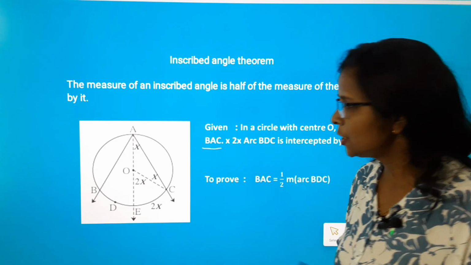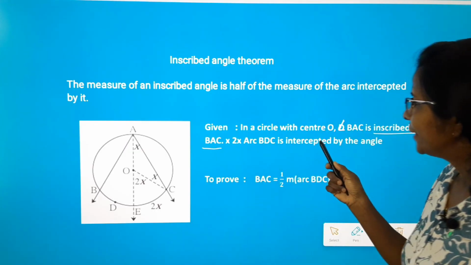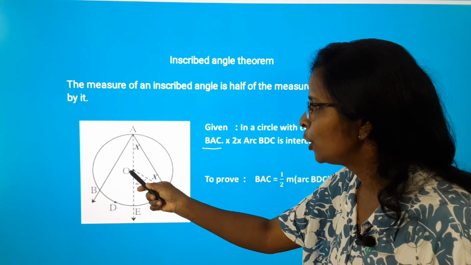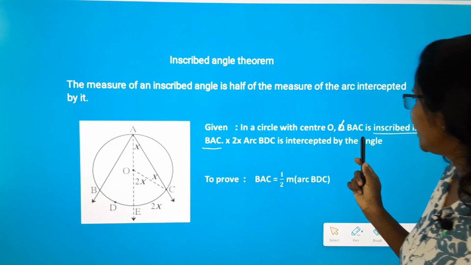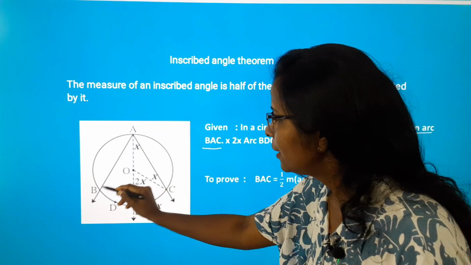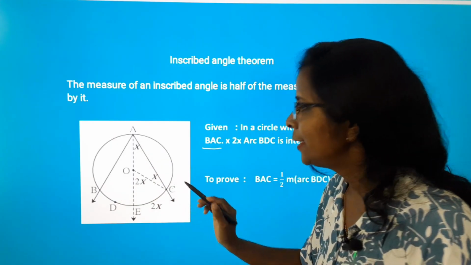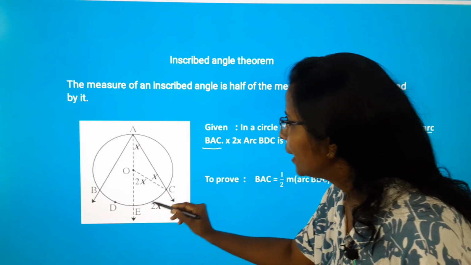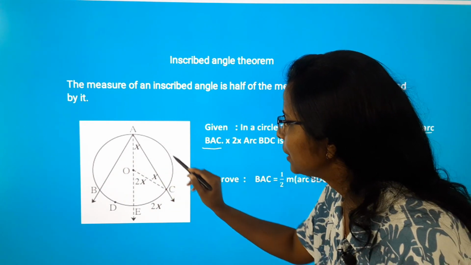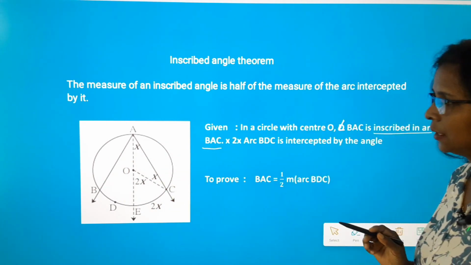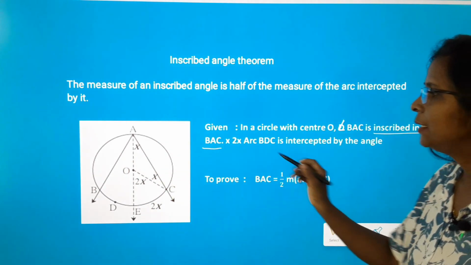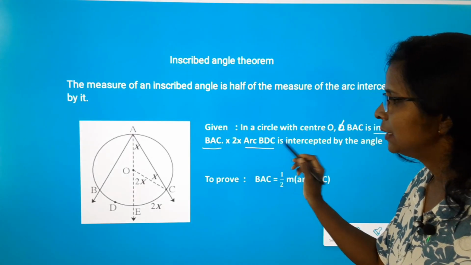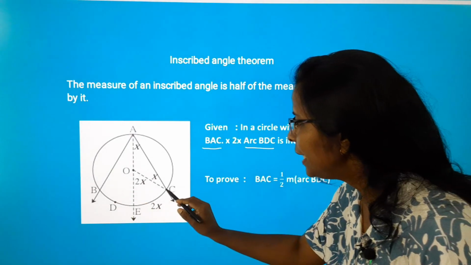Observe this figure, students. In this circle there is a center O, and here angle BAC intercepts the arc BDC.